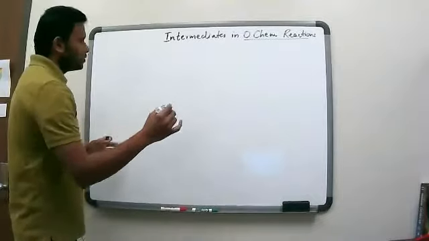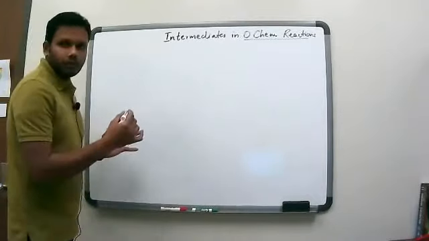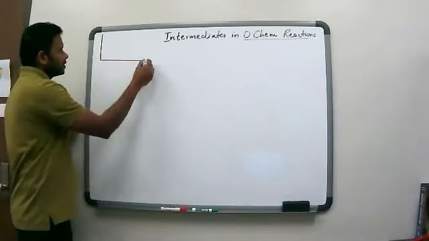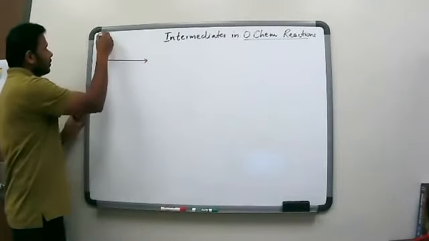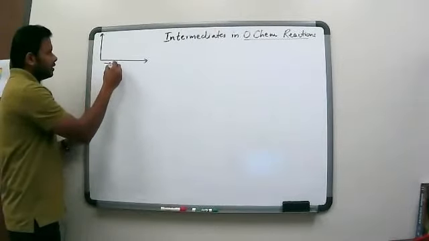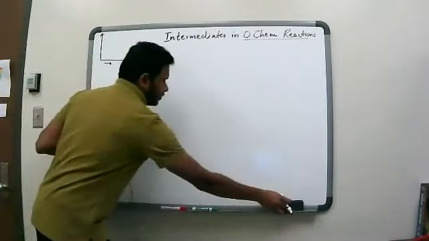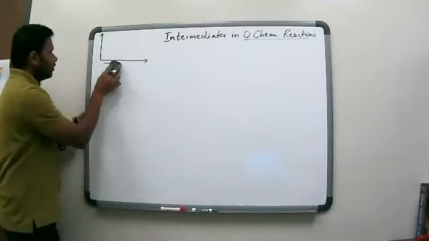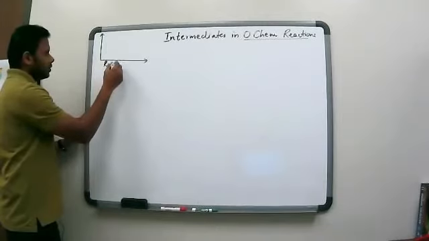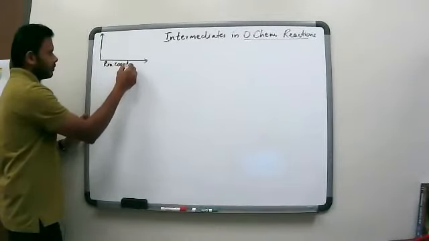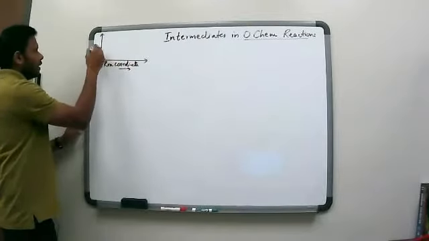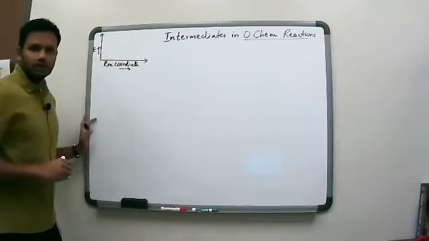Again, just to draw a parallel to what we discussed earlier, remember that in chapter 6 we talked about reaction profile diagrams. We had the reaction coordinate on the x-axis, and the y-axis was energy.